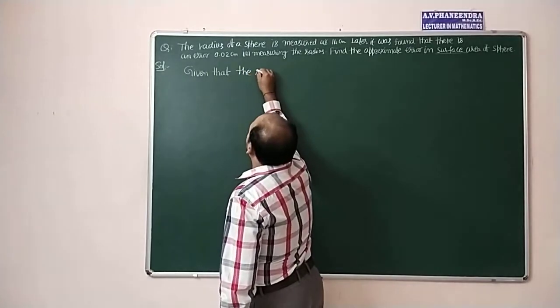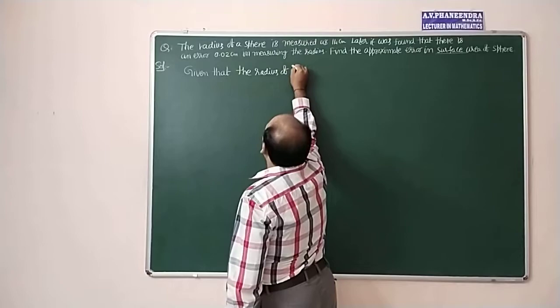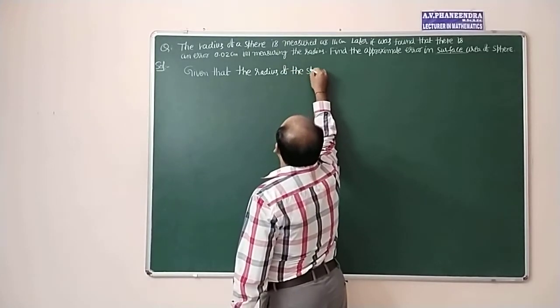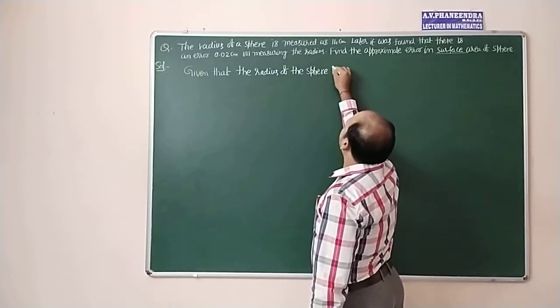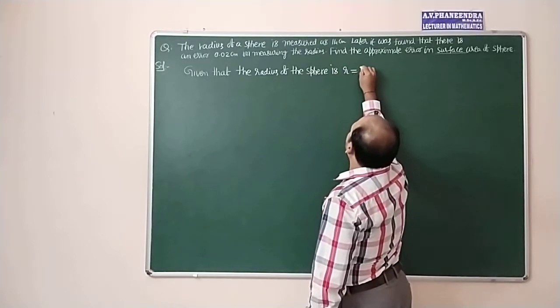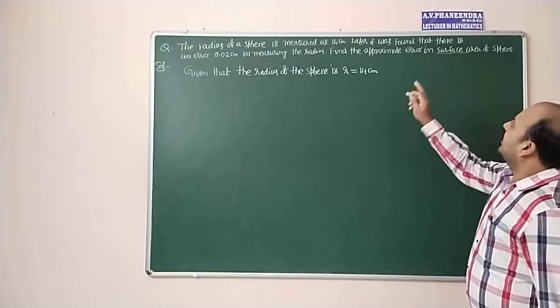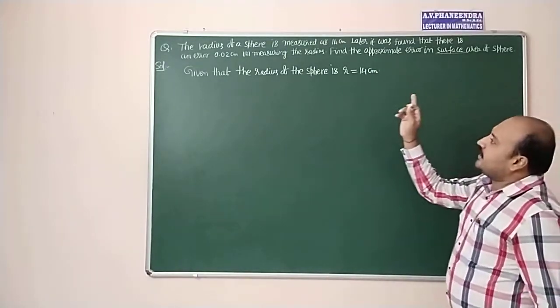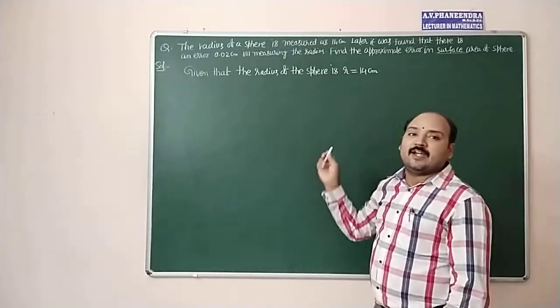Given that the radius of the sphere is r equal to 14 centimeters. Later it was found that there is an error of 0.02 centimeters in measuring the radius.